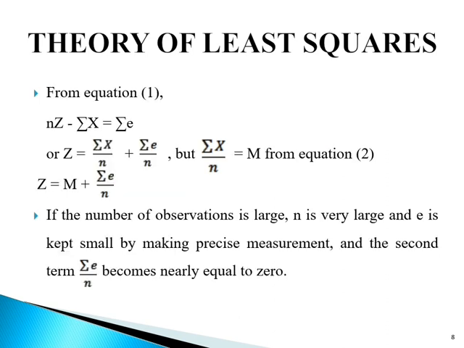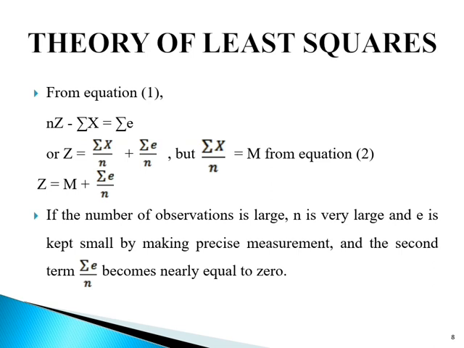So from equation 1, nz minus sigma x is equal to sigma e, or z is equal to sigma x divided by n plus sigma e divided by n. From equation number 2 we know that sigma x divided by n is equal to m. So putting that value, z is equal to m plus sigma e divided by n.